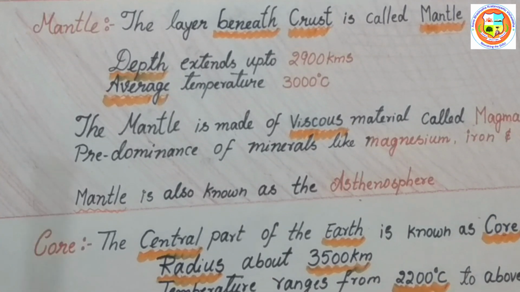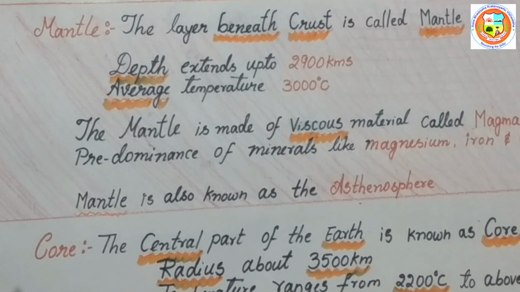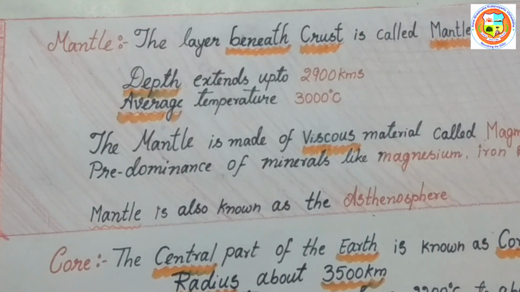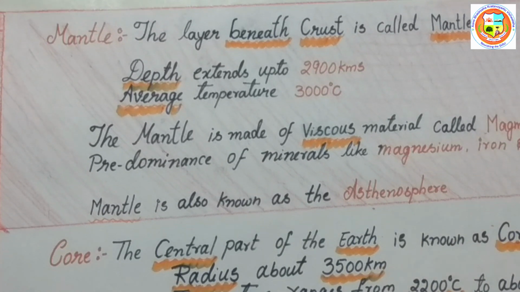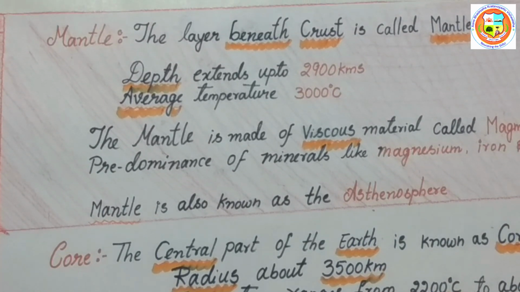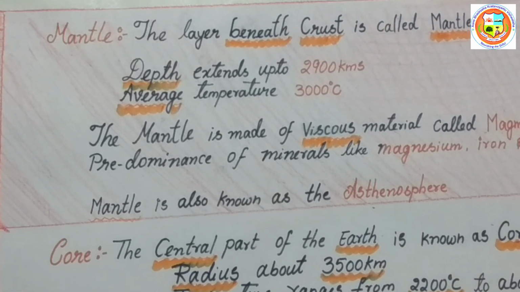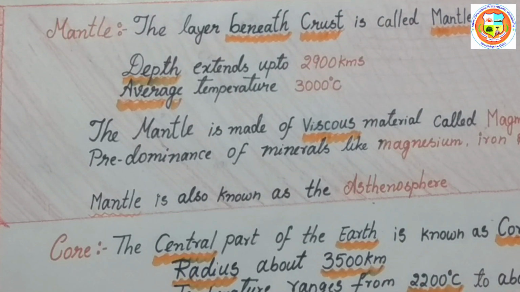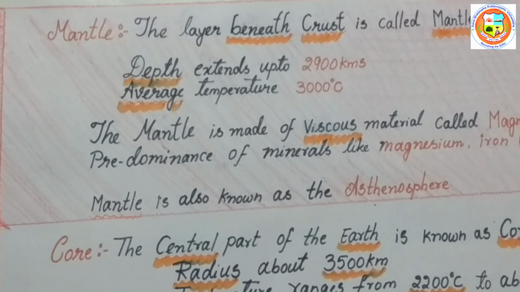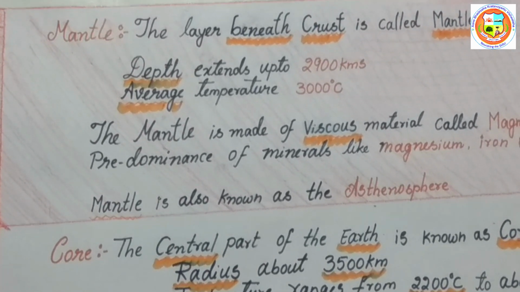As it is located under the crust, the material of the mantle has become very viscous, because it doesn't have any place to go out. Although it is in a liquid form, it doesn't flow freely like water.